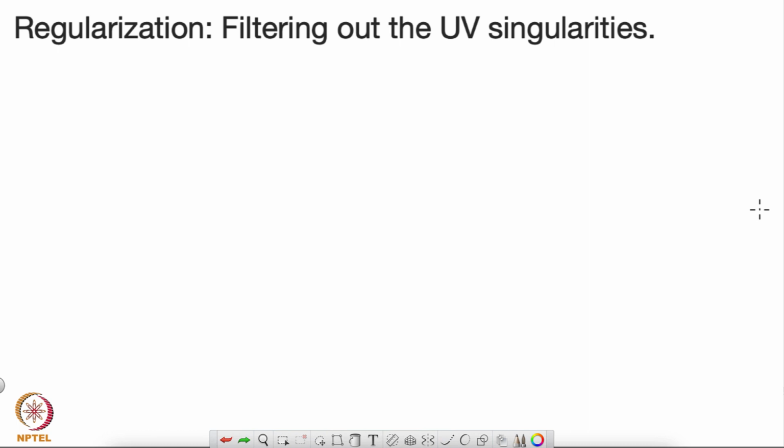So let me show you how to do this, and first I will do this in the simplest setting, which means I will not be using Feynman integrals but some ordinary simple integrals, and tell you what the idea is. So we want to regulate the integrals.